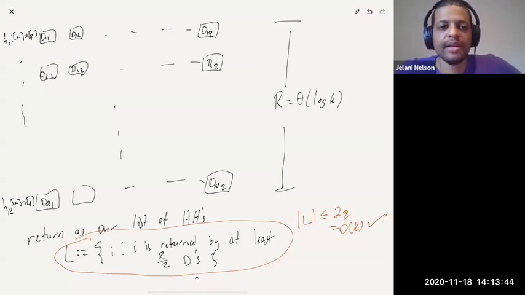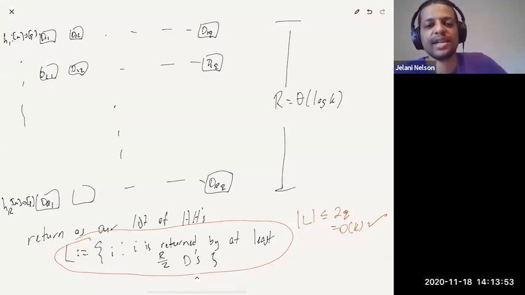That's true of the second row as well. Look in the second row, the data structure he hashed to there. With 70% probability, that data structure will return him as well. So the expected number of data structures that return him is going to be something like at least 7/10 times R, because 7/10 of the rows will return him.